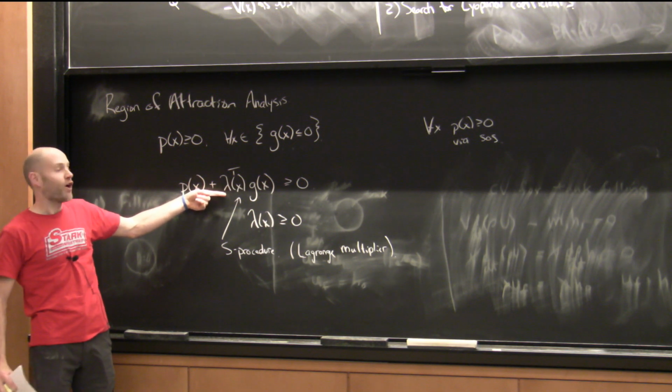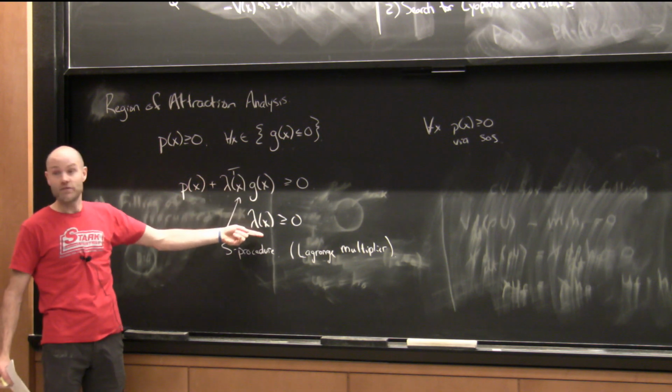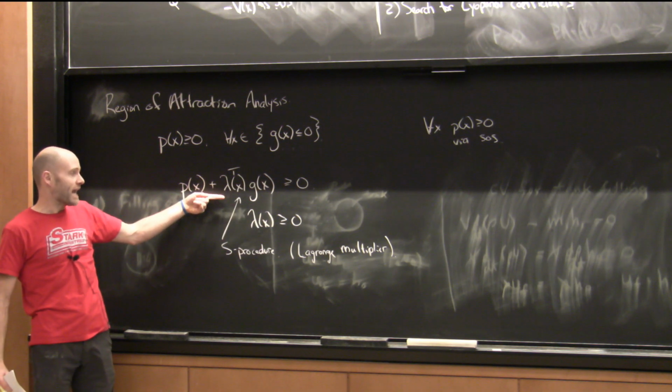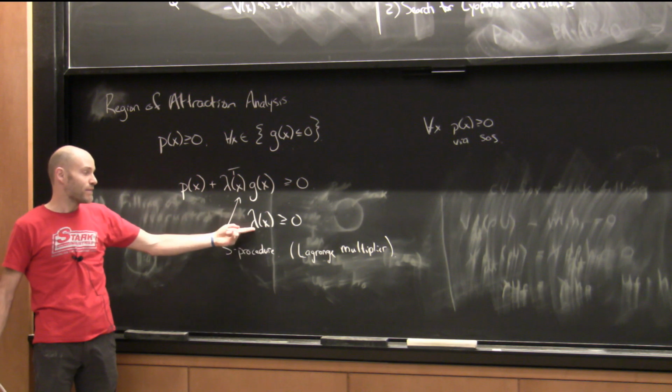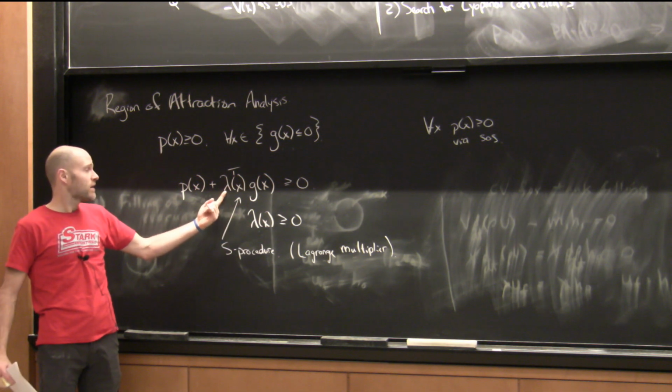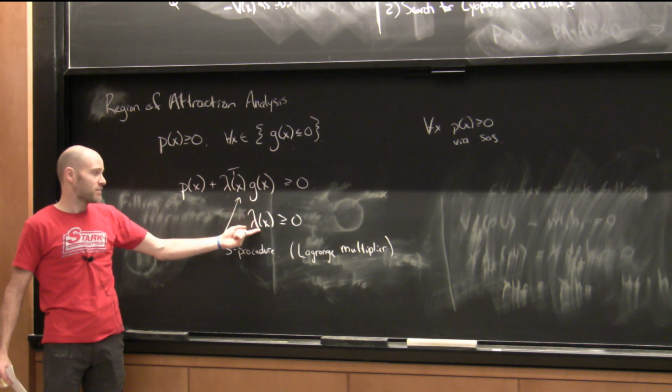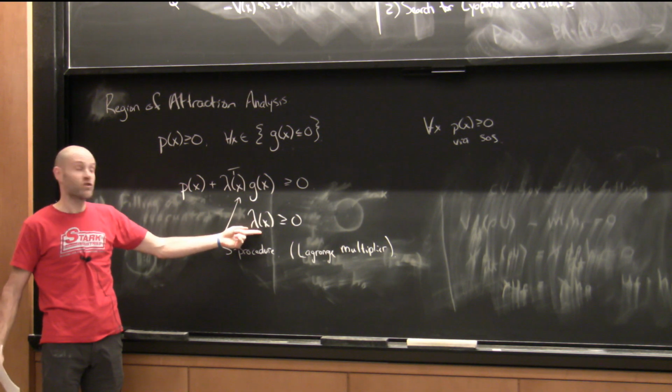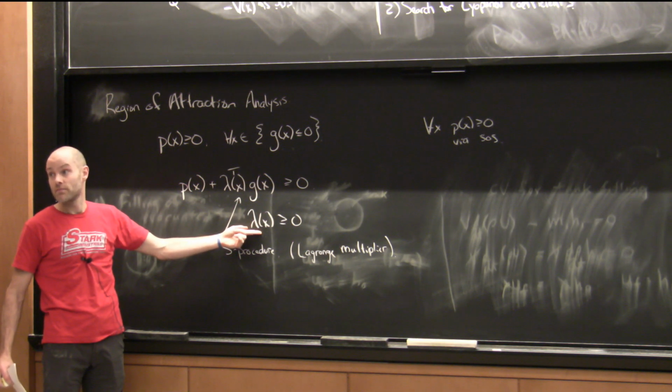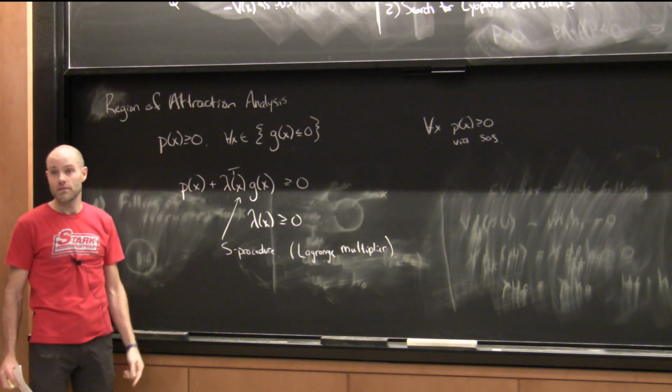But often we can, if lambda is high enough degree. And since I'm able to optimize over parameters, if g of x is fixed, but lambda has free coefficients, I can let the solver find the coefficients of lambda to find the certificate.